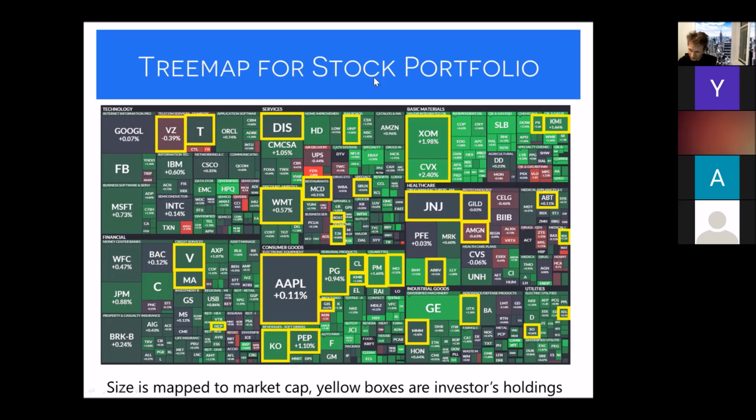Okay, this is all the stocks available, all the different kinds of stocks, right? And this is what the investor has. So you can see I have a little bit of this here, I have a little bit here, services, a little bit technology, a little bit basic materials. I can see financial stock, consumer goods, right? Industrial goods.